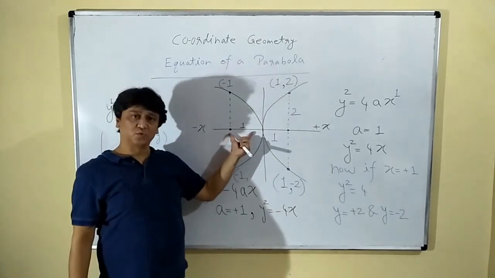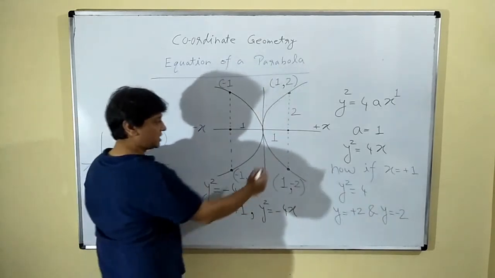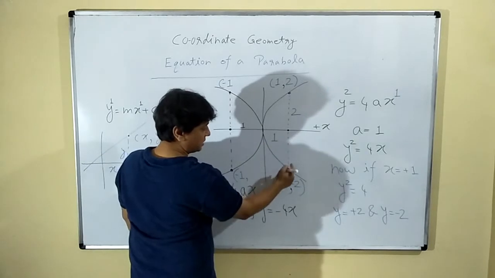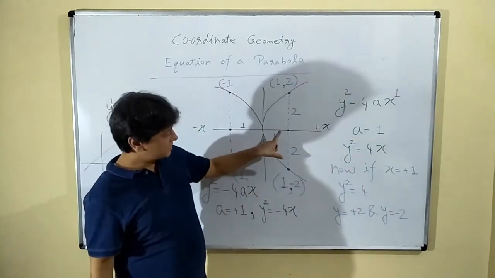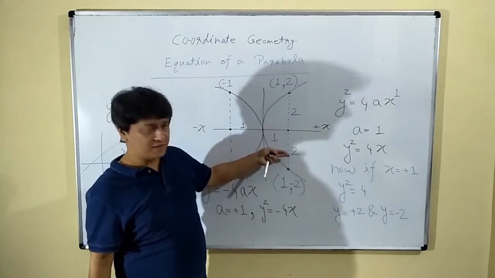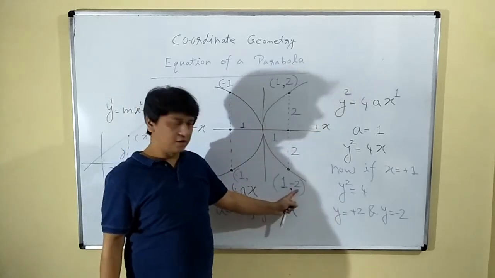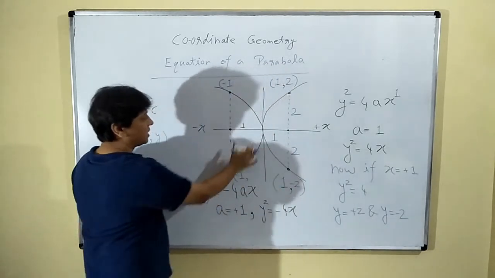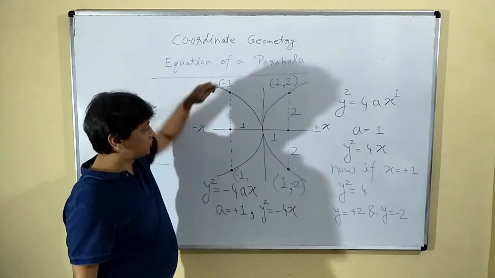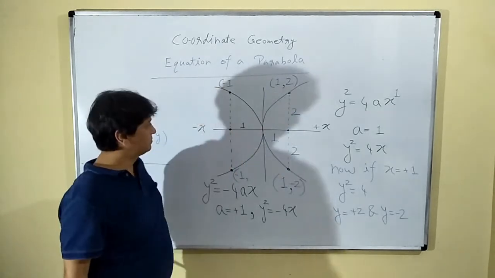Distance wise, this thing is what? 1. Same as this. From this point to this point, height wise, it's what? 2. It's below x-axis, and therefore we are taking y coordinate as -2. This distance is 1. X coordinate is -1 because we are on the left side of origin.